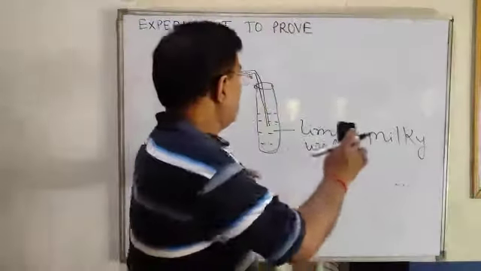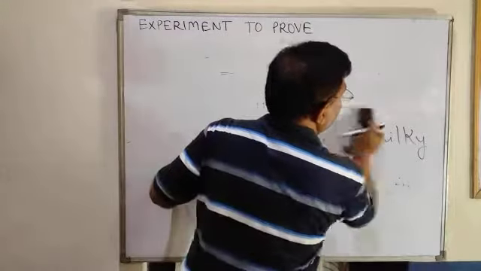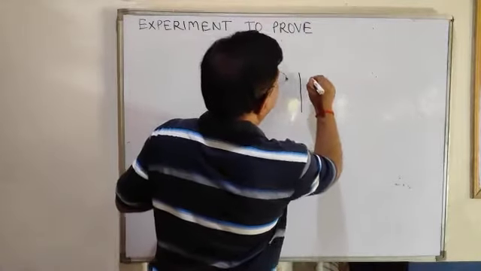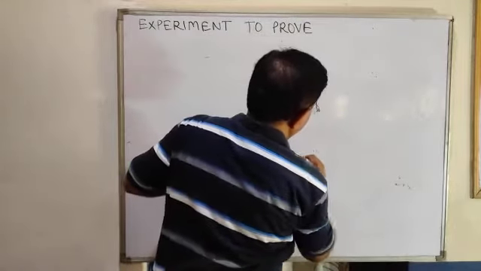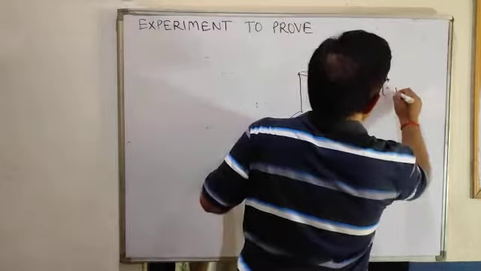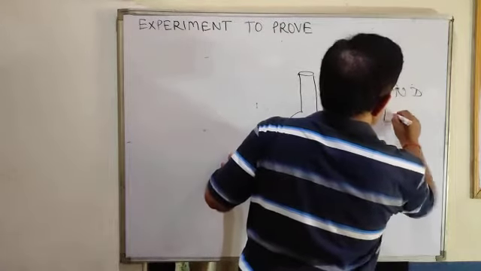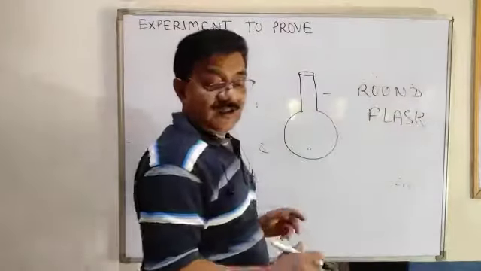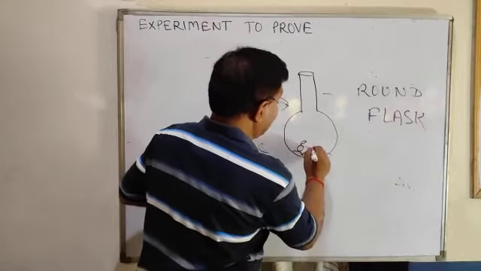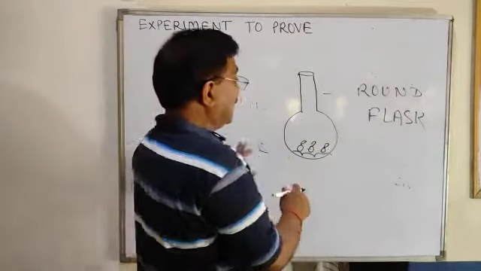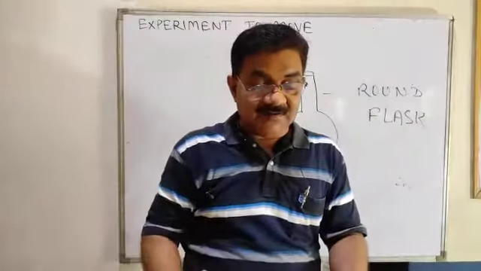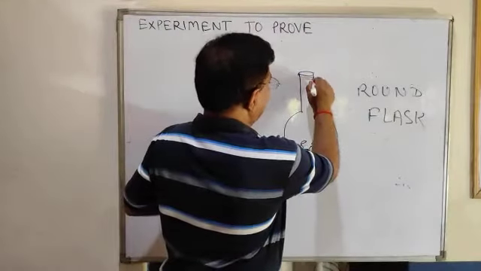So what we will do, we will take a round flask bottle. You can take a conical flask also, but here we are taking a round flask bottle. In the round flask bottle, we will take wet cotton wool and germinating seeds, and make it airtight.